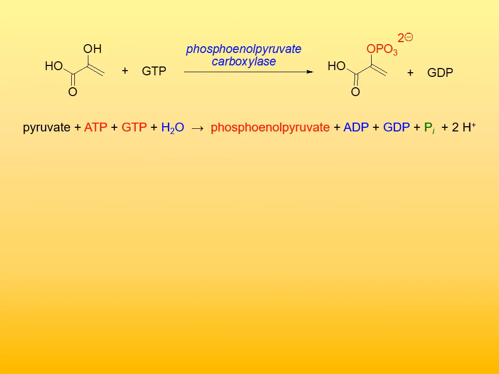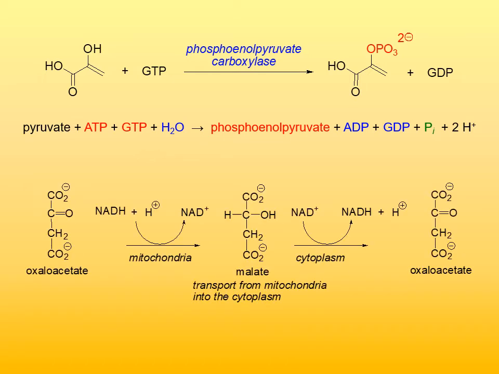Now, pyruvate carboxylase is a mitochondrial enzyme, while other gluconeogenesis enzymes are present in the cytoplasm. So oxaloacetate must be transported into the cytoplasm to complete the pathway. And to that end, oxaloacetate is first reduced to malate.